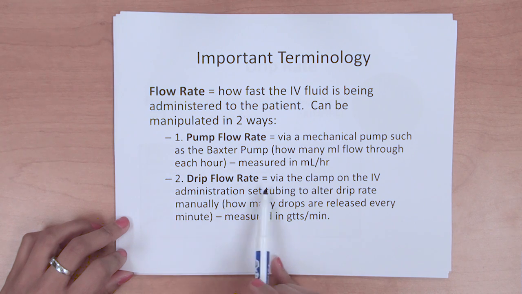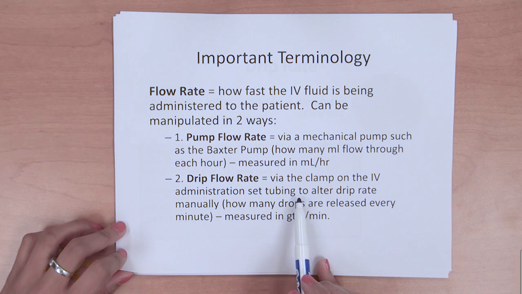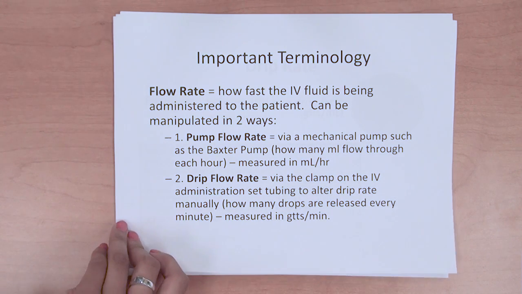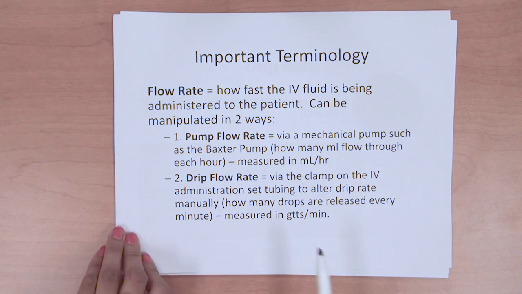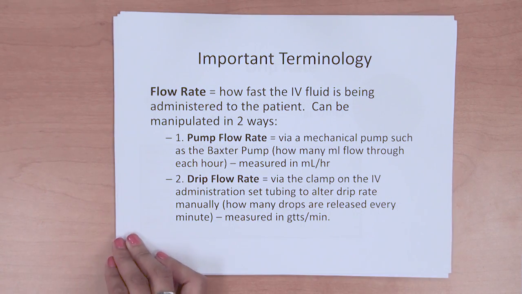Or drip flow rate. This is via the clamp on the IV administration set tubing, and we can alter the drip rate manually. So this is going to be how many drops are released every minute, measured in GTTS per minute, which is drops per minute. So questions are either going to ask for pump flow rate or drip flow rate. Make sure you know which formula you're going to use.